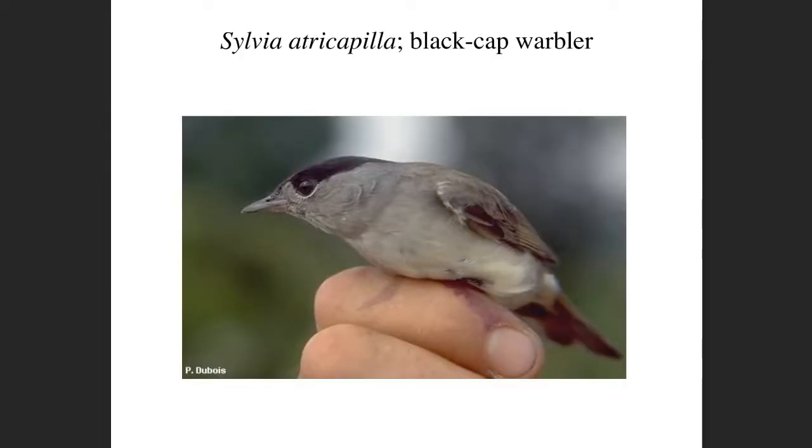Cool. The black-capped warbler is a species that's been studied a lot for migration in the Old World. Black-capped warblers breed all over Europe, and they try to avoid the Mediterranean, but they migrate and overwinter in Africa.